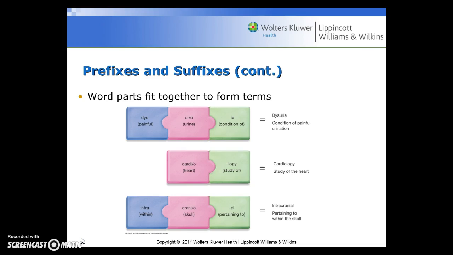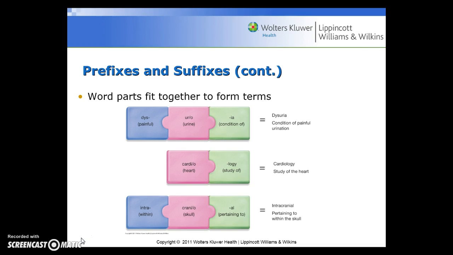So we learned so far that word parts fit together to form terms. Here we see the prefix dys for painful, the root ur or uro with the combining vowel for urine, and the suffix ia for condition of. So dysuria is a condition of painful urination.